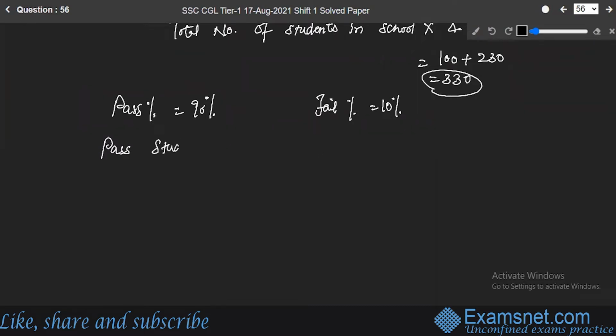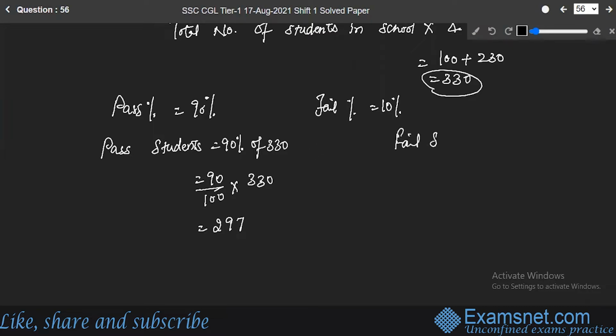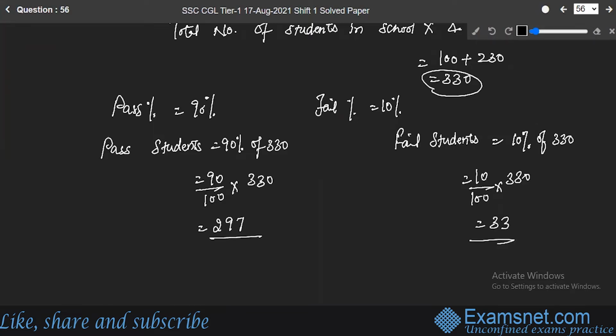Pass students is equal to 90% of 330, which is equal to 297. And fail students is equal to 10% of 330, which is equal to 10 upon 100 into 330, which is equal to 33. So that means 297 students passed in total from both the schools, and 33 failed, right?